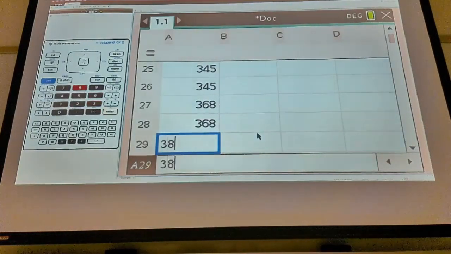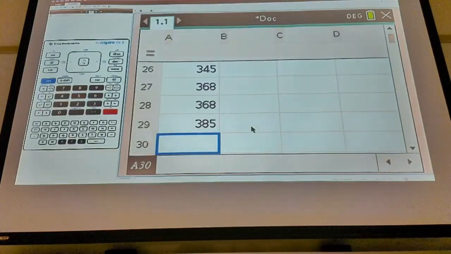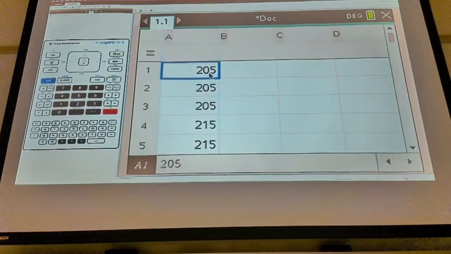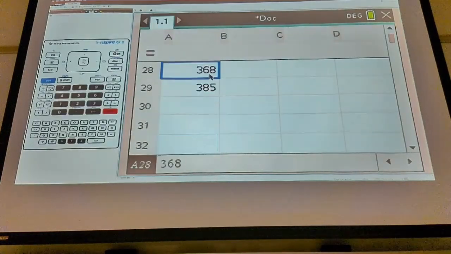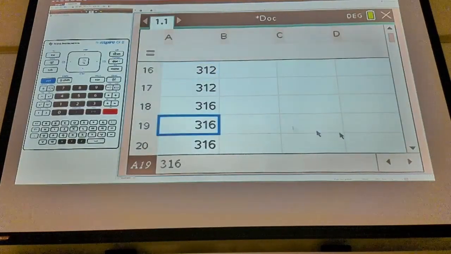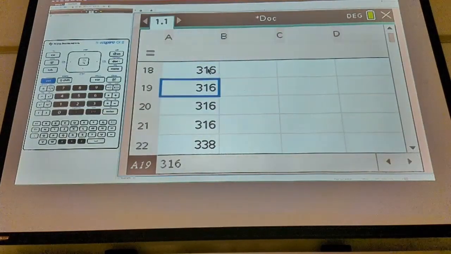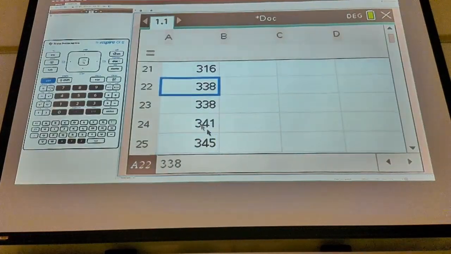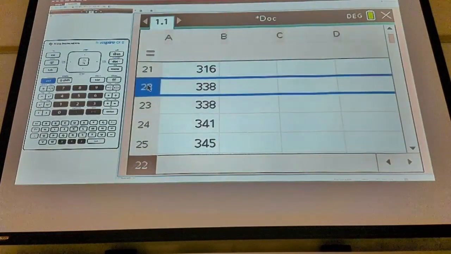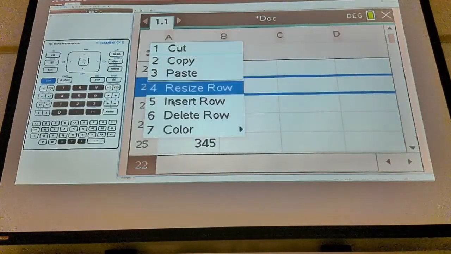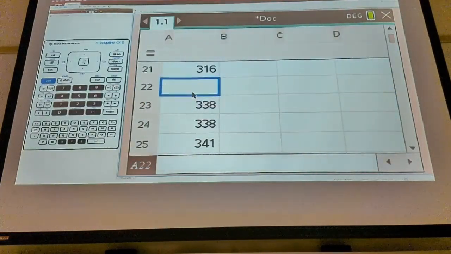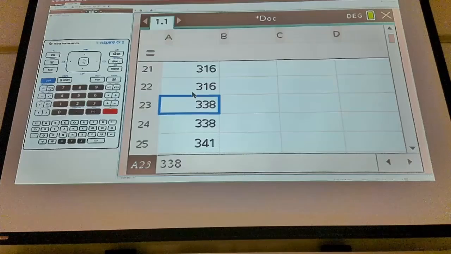And a 385. I'm missing one. Where's 316? What happened? Did I overwrite one? Insert row. Ha ha! Victory's mine. I win. You lose. 30. Perfect.